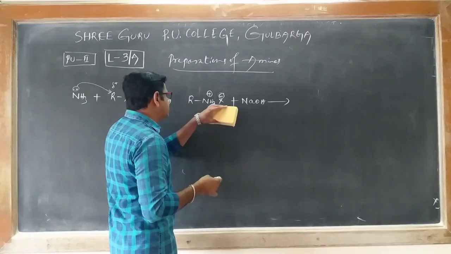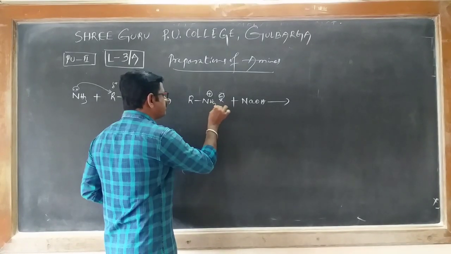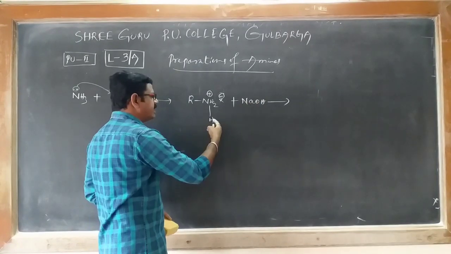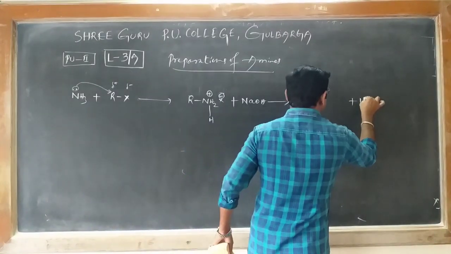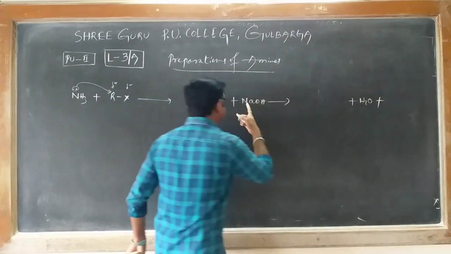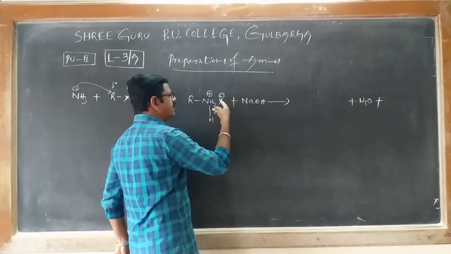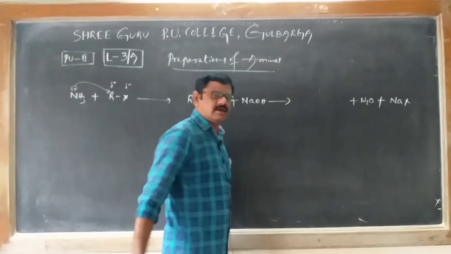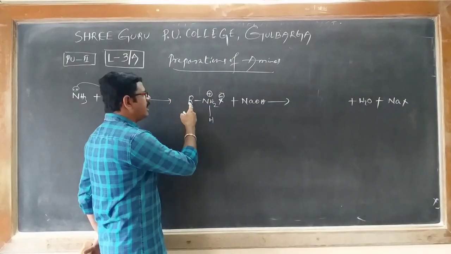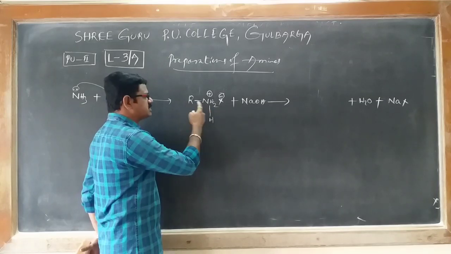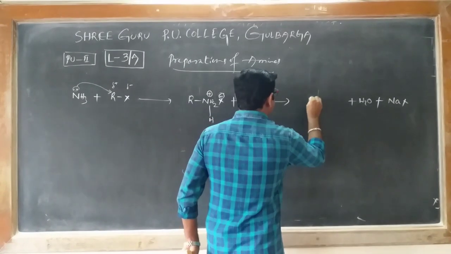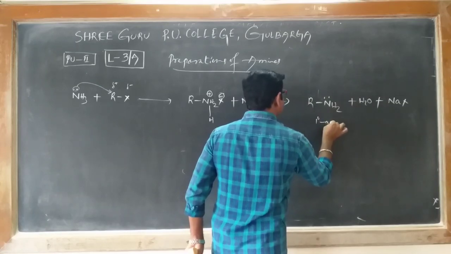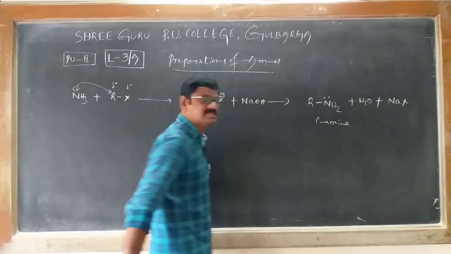One hydrogen separates, and OH and H are eliminated as water, and NaX is eliminated as sodium halide. Our main component is RNH2, which is a primary amine. The primary amine is obtained in the first stage.